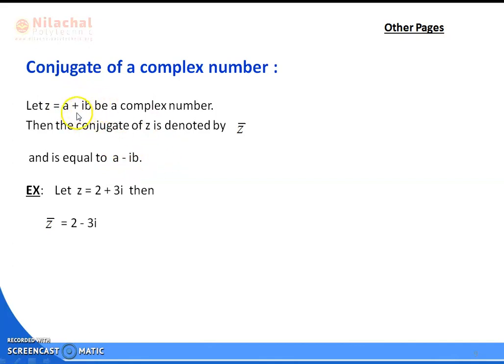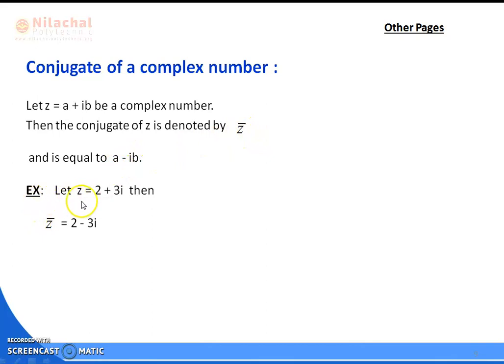If your complex number is a minus ib, then Z bar will be a plus ib. You just interchange the sign of the imaginary part. If your imaginary part is positive, your conjugate's is negative. If the imaginary part of Z is negative, the imaginary part of the conjugate will be positive.